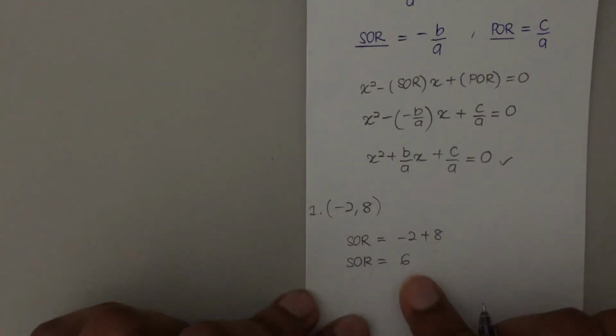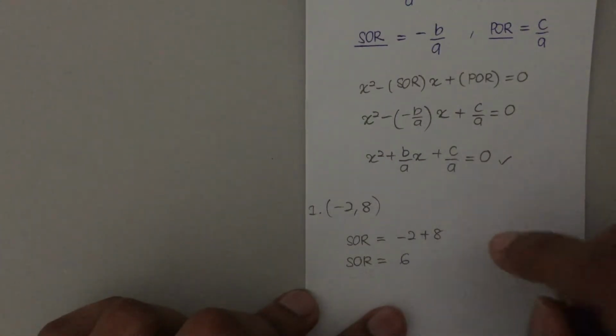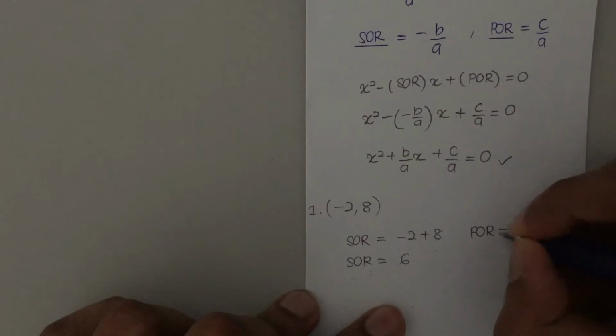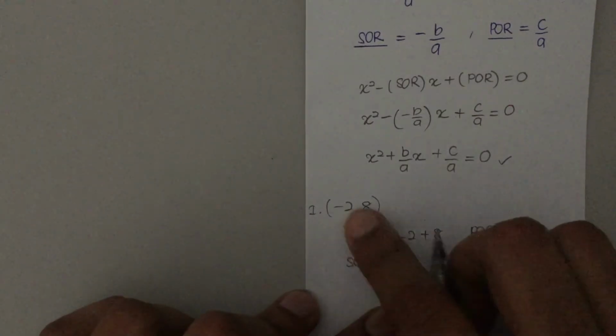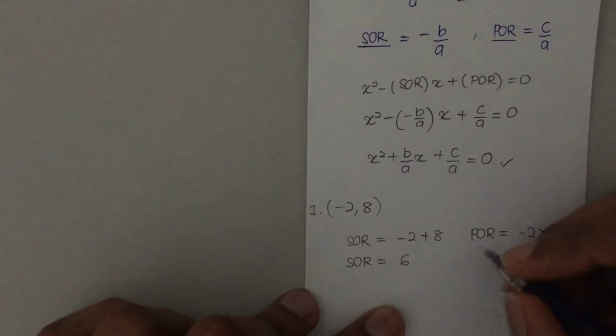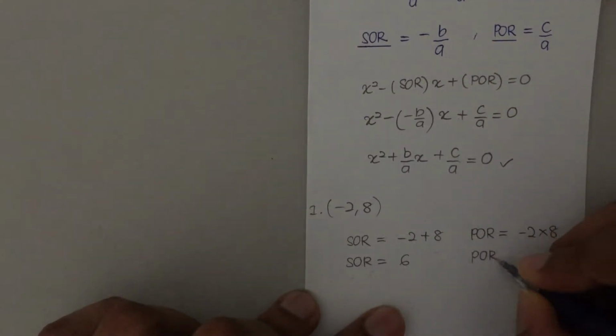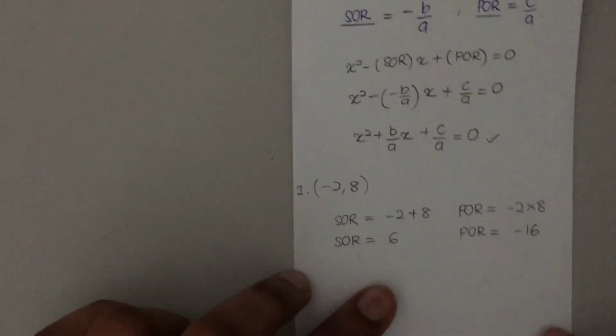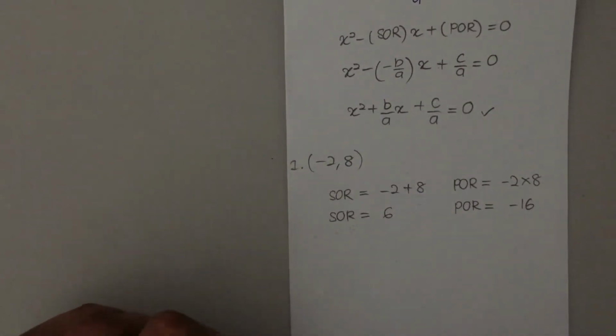This is your sum of roots. In parallel, we will find the product of roots as well. Your product of roots is equal to negative 2 times 8. You calculate this, you should get your product of roots equal to negative 16. Now you perform the calculation to form a quadratic equation.